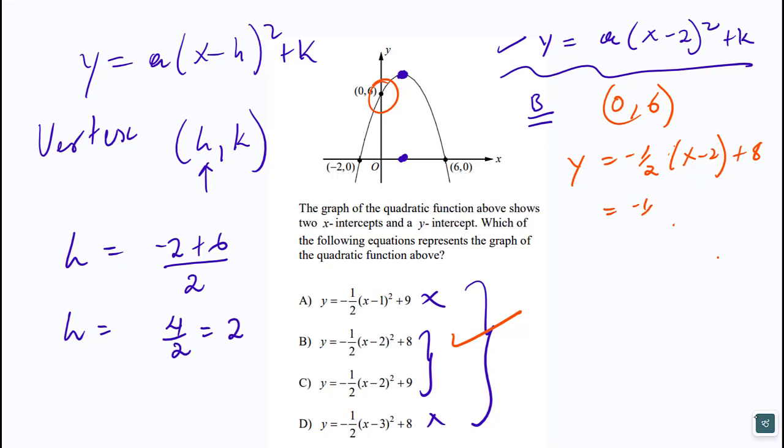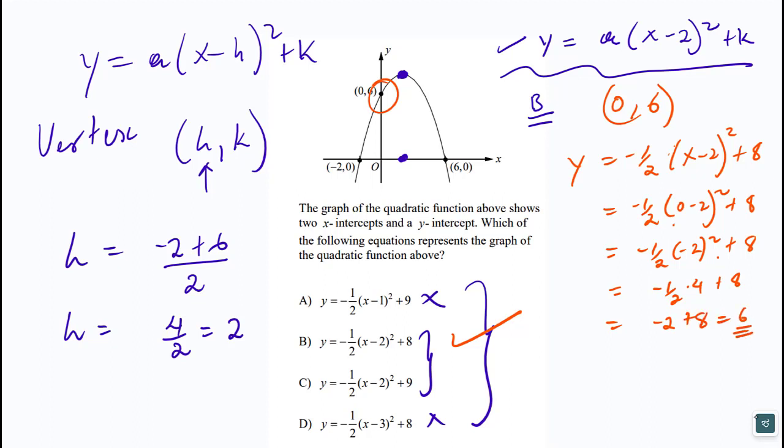So this is going to be -1/2 (0 minus 2), don't forget my squared, plus 8. So that's going to be -1/2 times 2 squared plus 8. So that's going to be -1/2 times 4 plus 8. That's going to be -2 plus 8, which is definitely equal to 6.